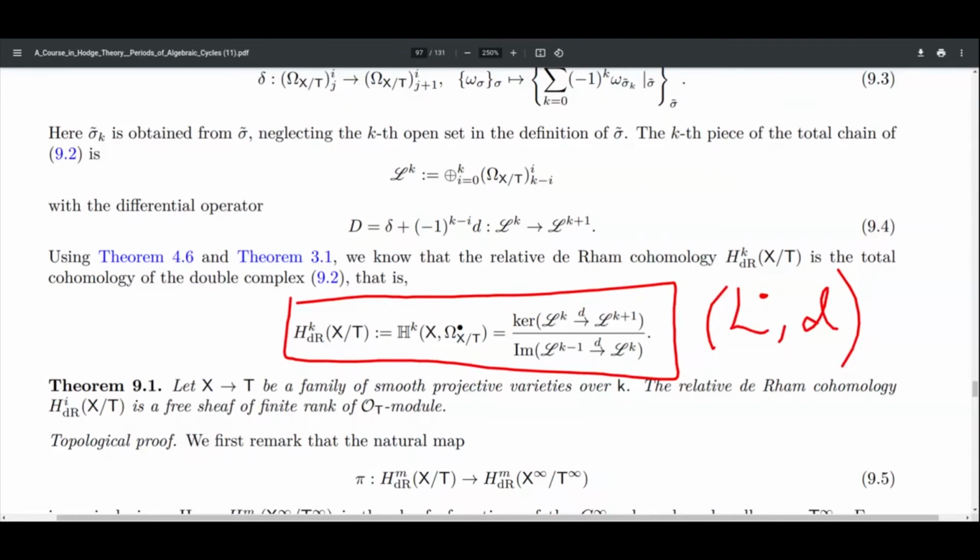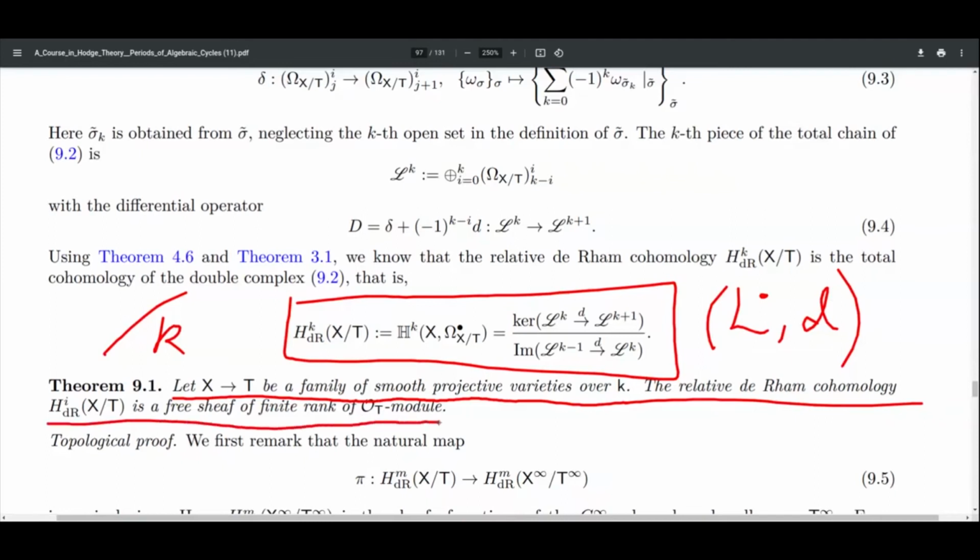Now, one very important fact is that everything is done over an arbitrary field k of characteristic 0. When we start from a smooth projective variety over k, then the relative de Rham cohomology is a free sheaf of finite rank of O_T modules.